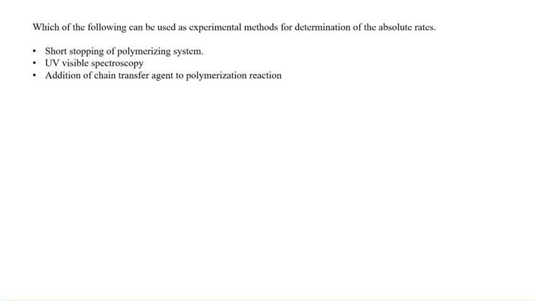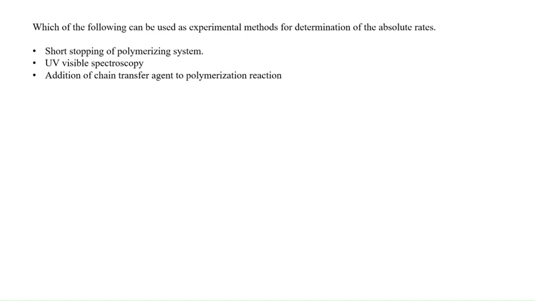Which of the following can be used as experimental methods for determination of absolute rates: short stopping of the polymerization system, UV visible spectroscopy, or addition of a chain transfer agent to the polymerization reaction? What happens in this is UV visible spectroscopy of propagating species during the polymerization process.